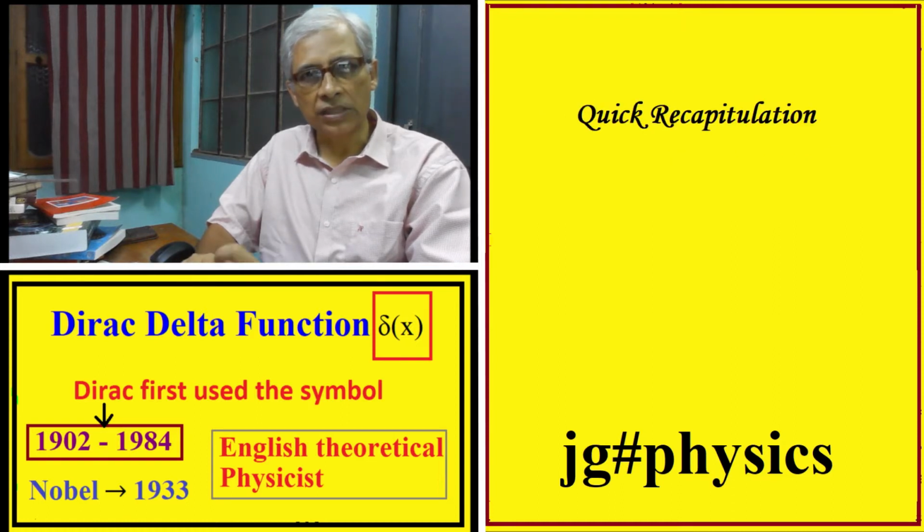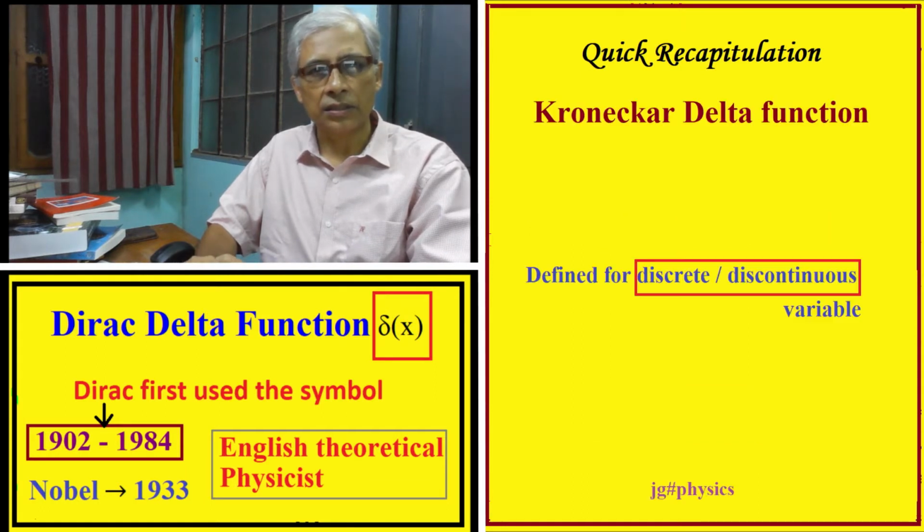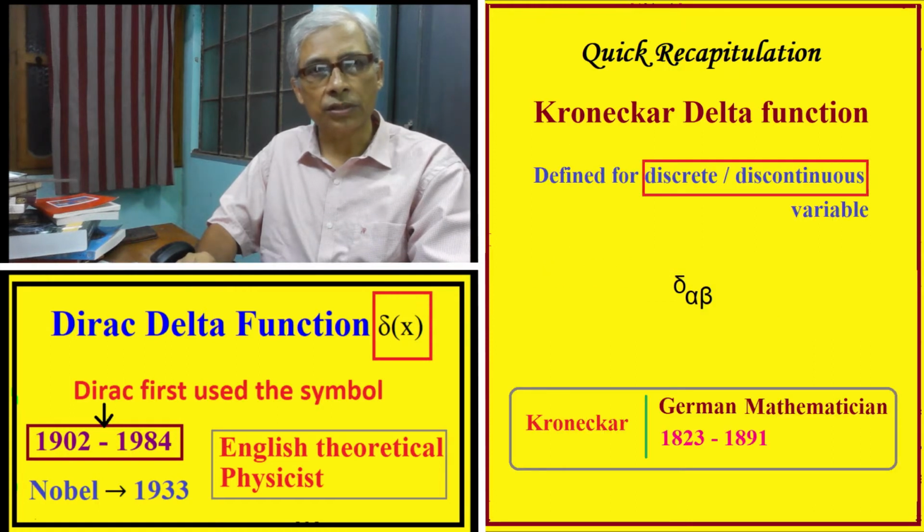Before going to discuss the Dirac Delta function, let me have a quick recapitulation of another type of delta function that is called the Kronecker delta function. Kronecker delta function is defined for discrete, that is discontinuous variable, and it is also denoted by the symbol delta.